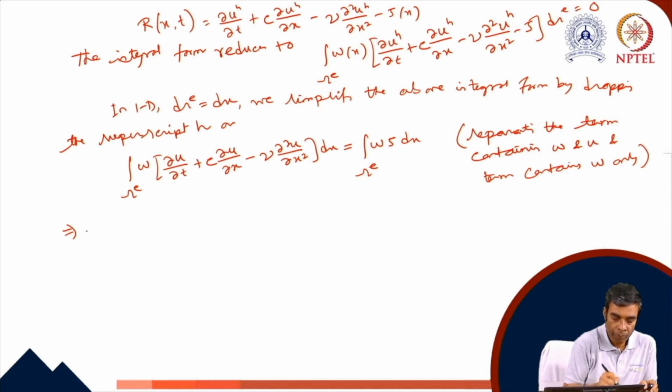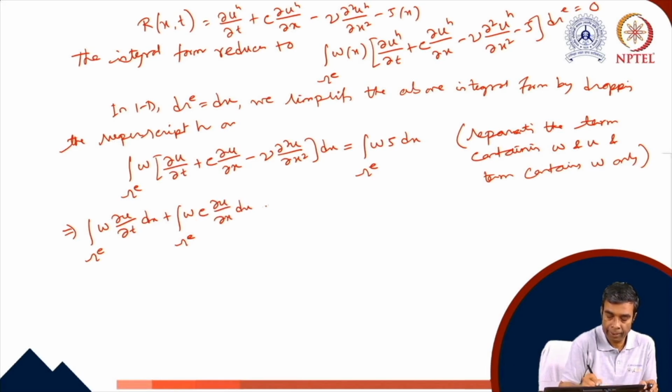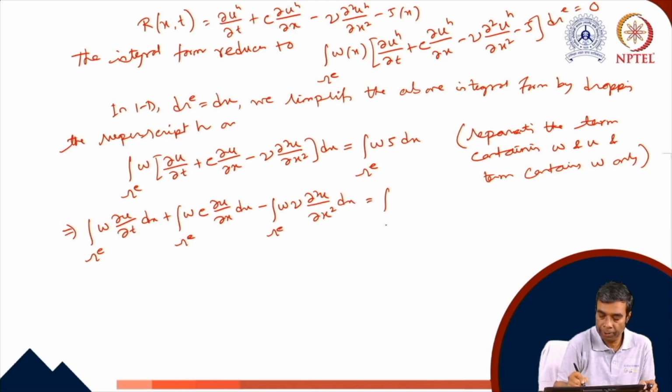From here we get integration over omega E w del u del t dx plus integration over omega E w c del u del x dx minus integration over omega E w nu del 2u del x2 dx equals integration over omega E w s dx.